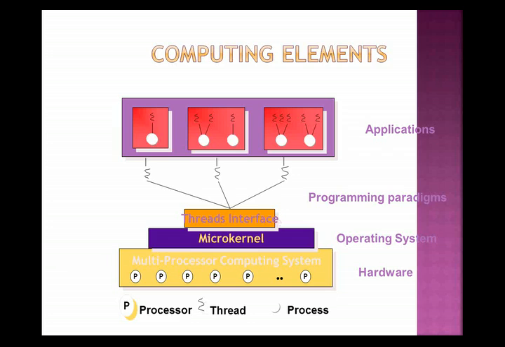Then the programming paradigm, that is the programming base or the programming code that is used. Then the operating system, which has a kernel and system software. Then there is the hardware, that is a multiprocessor computing system, meaning different processors, different threads, different processes.